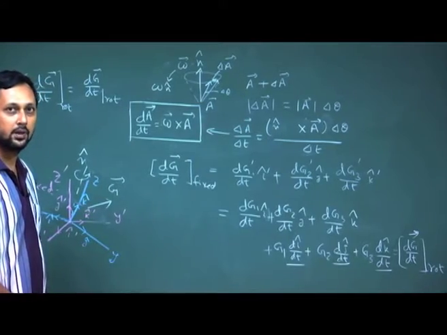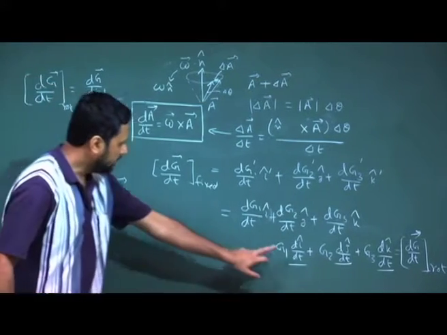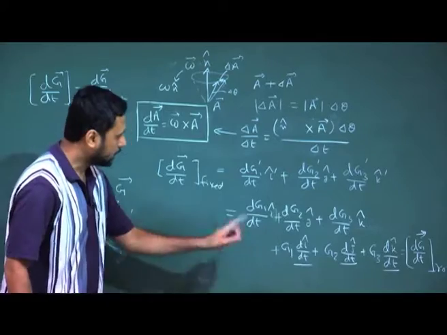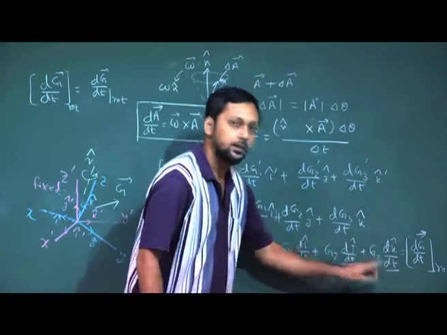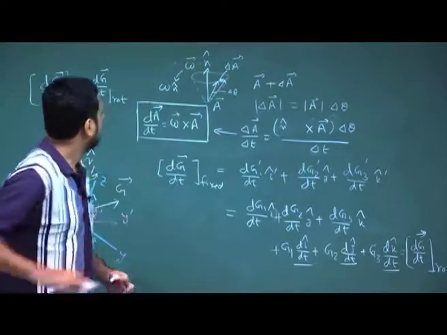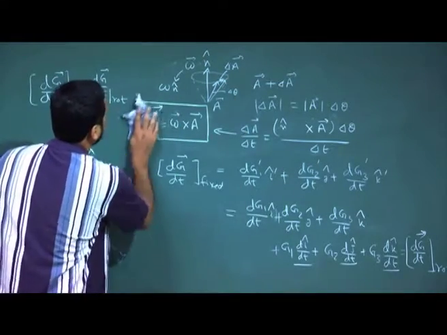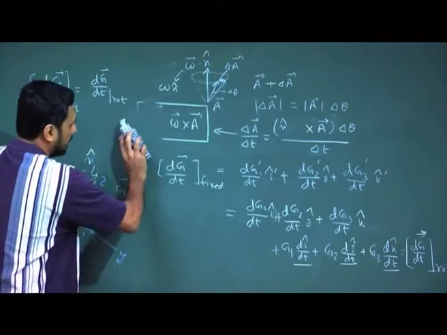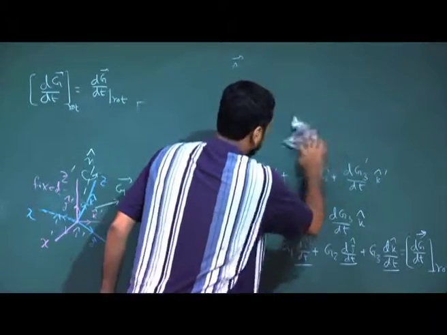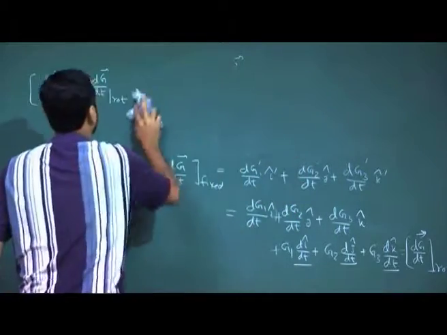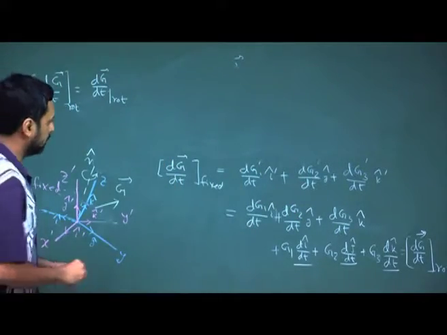Okay. So, di/dt will be omega cross i, dj/dt will be omega cross j, and dk/dt will be omega cross k. Now, if we employ that here, I am removing this part, we do not need that anymore, whatever we had to prove, we proved.